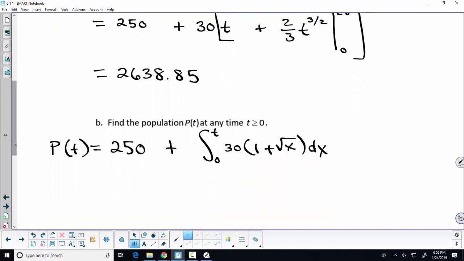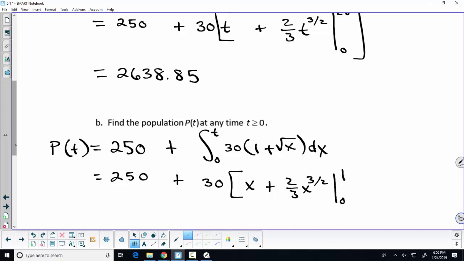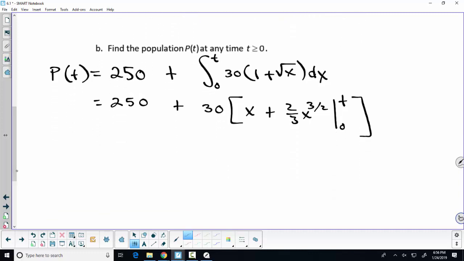So we already have that antiderivative. It's 250. Y'all all right with that?